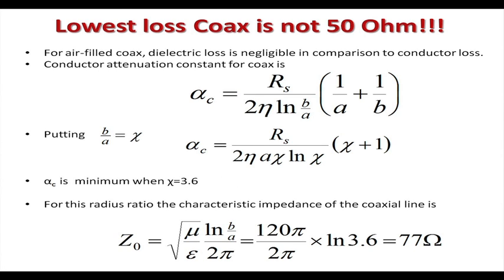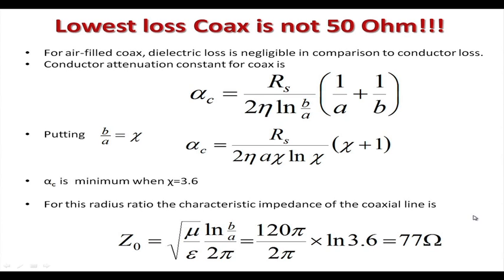So, this is preferable, then you will choose that, but the flip side of that is B by A also affects the characteristic impedance of the coax. This is the formula we found when we did the field analysis. V by I ratio is the characteristic impedance. If you calculate, this becomes 77 ohm.